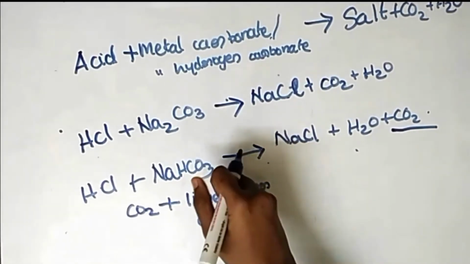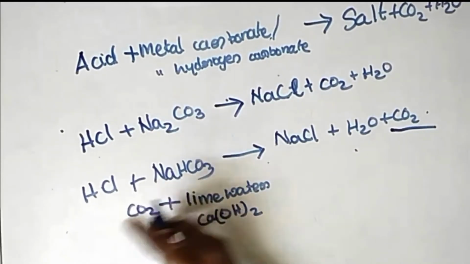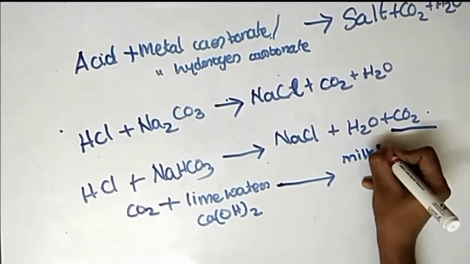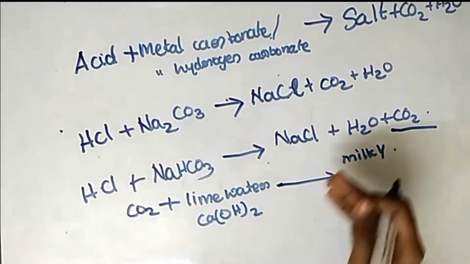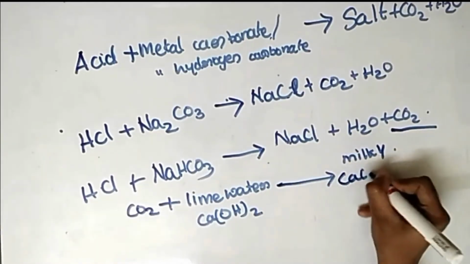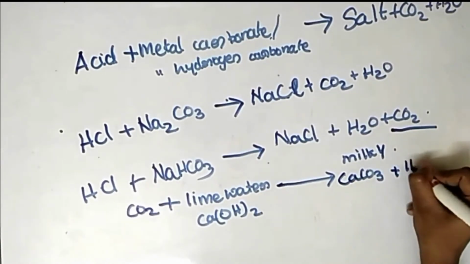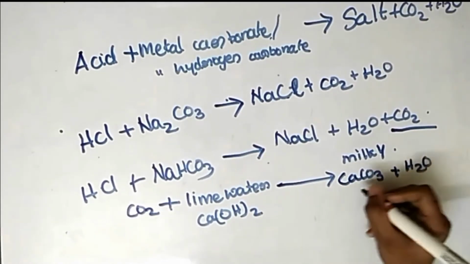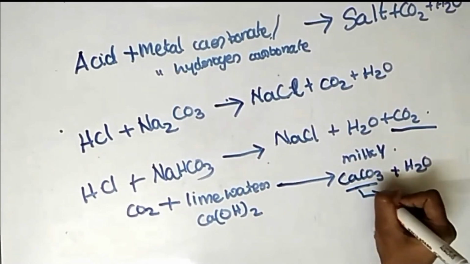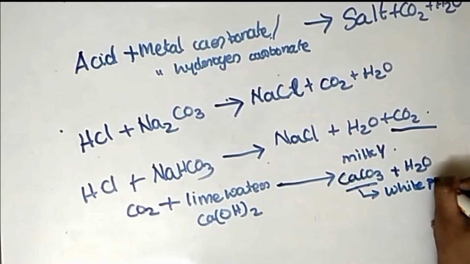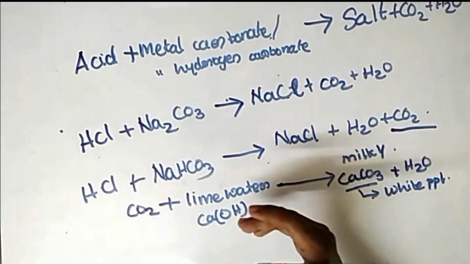When lime water reacts with carbon dioxide, it turns milky. Calcium carbonate, CaCO3, plus water, H2O, is formed, and CaCO3 is a white precipitate, which is the reason for the milkiness in the lime water.